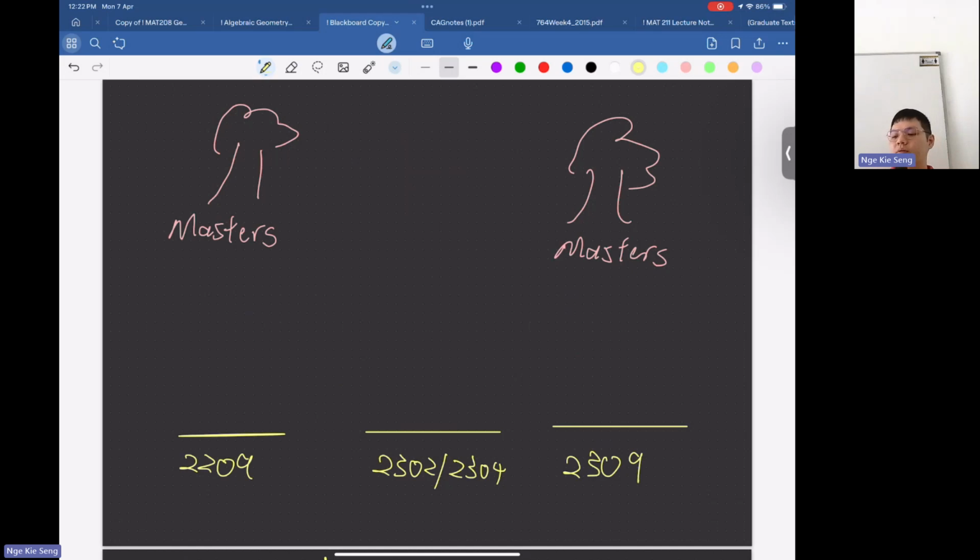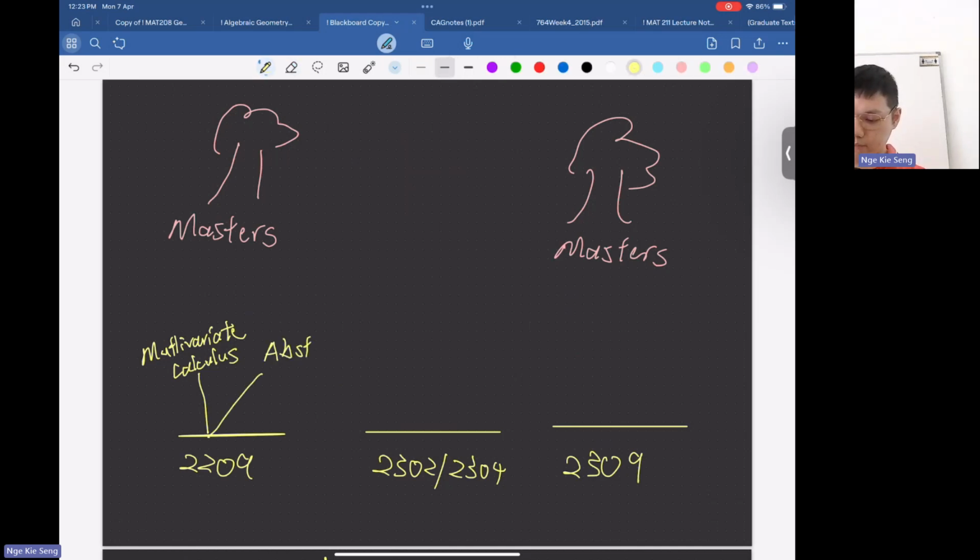I have approached these students before. They know me very well, and that's why they picked this course. Let's start with 2209. They have a comprehensive understanding of me. Why do I say so? I have taught them multivariate calculus, which is calculus 2, and then abstract algebra, and they also saw my topology before.